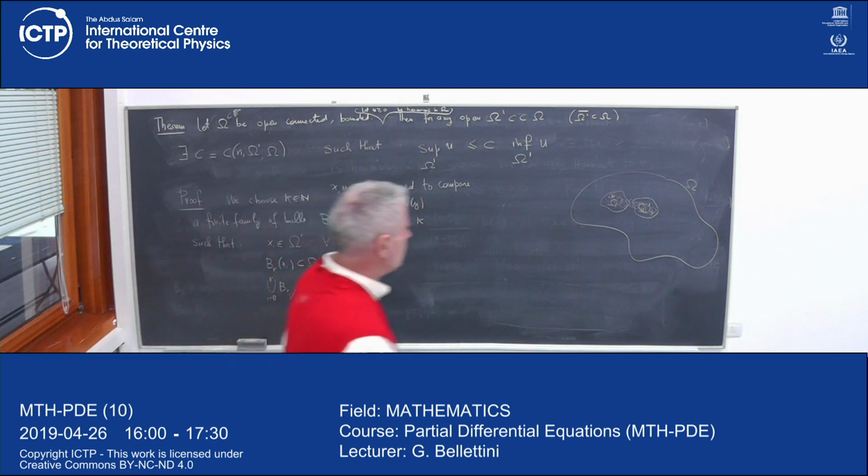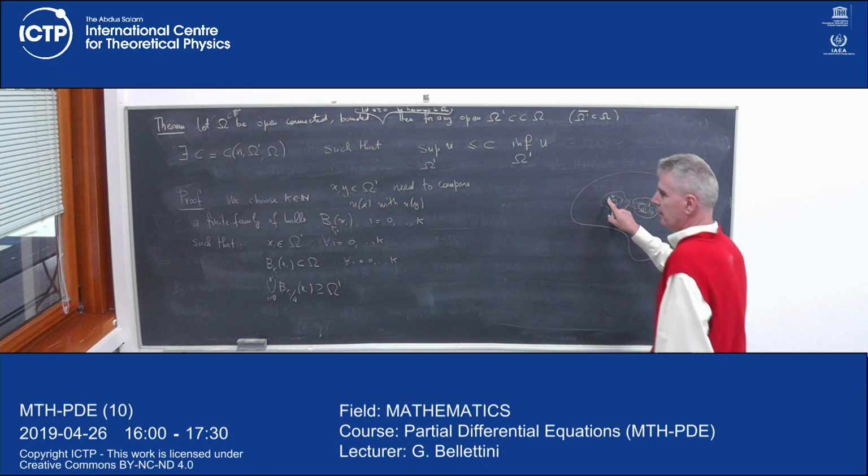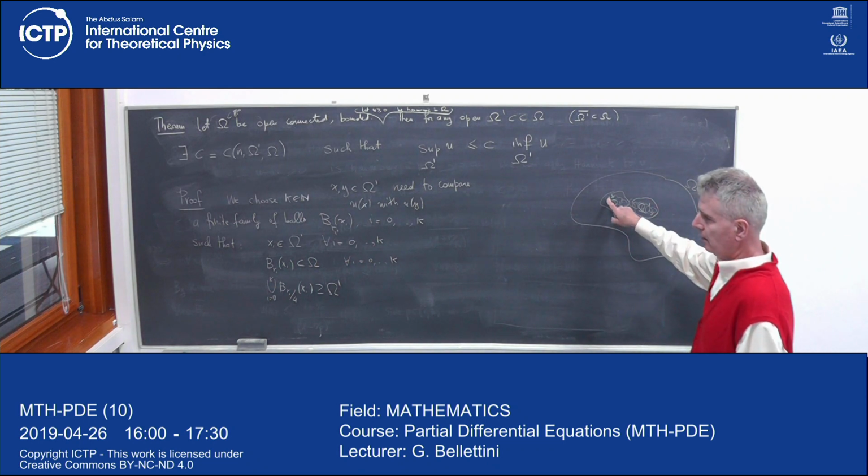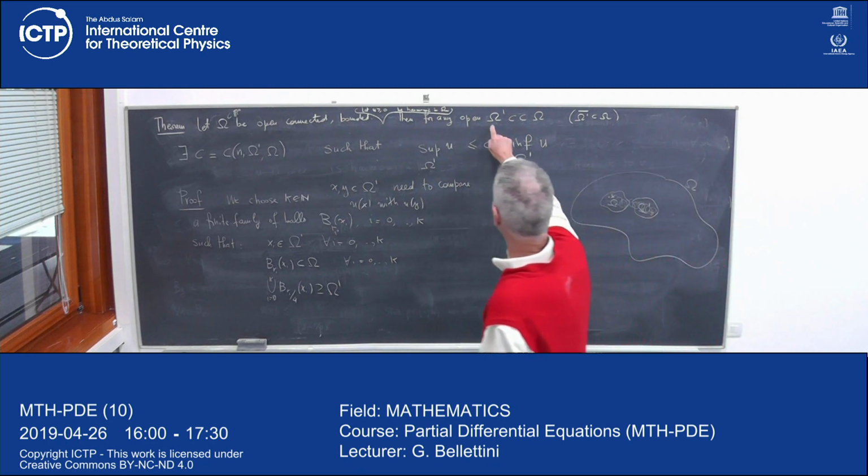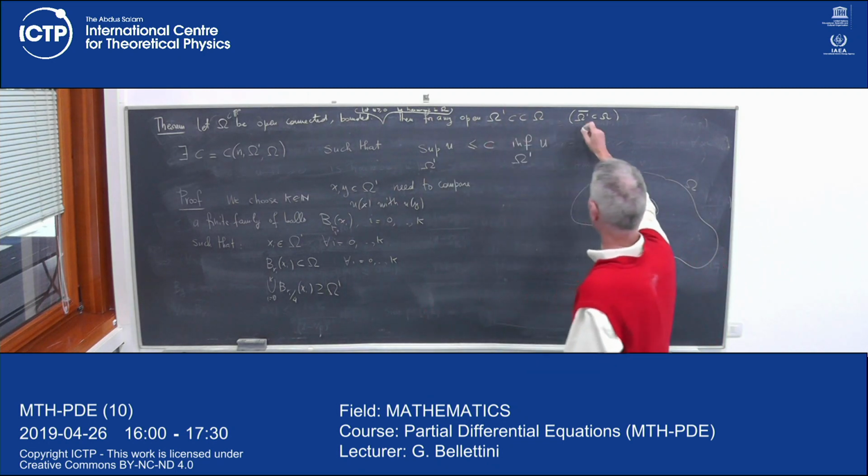So I take the centers inside the smaller omega prime. All balls are inside the big omega. The union covers, because the closure of this is compact.